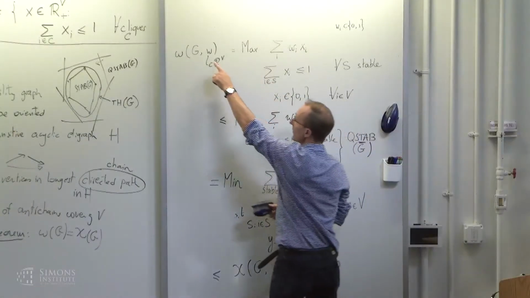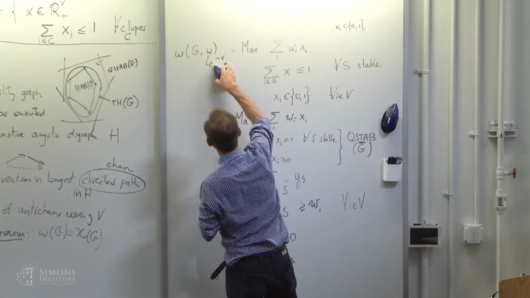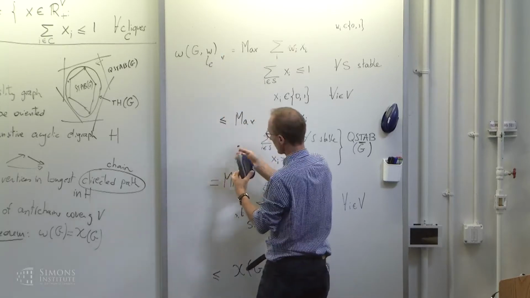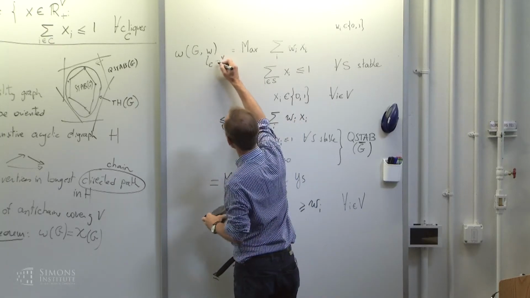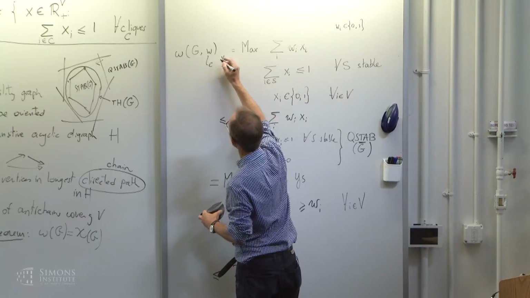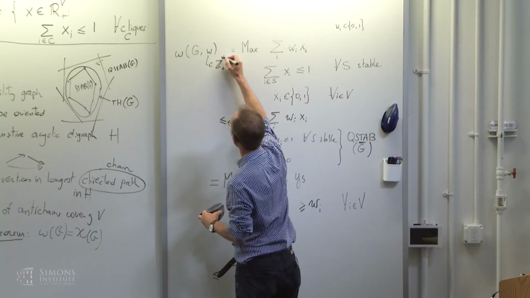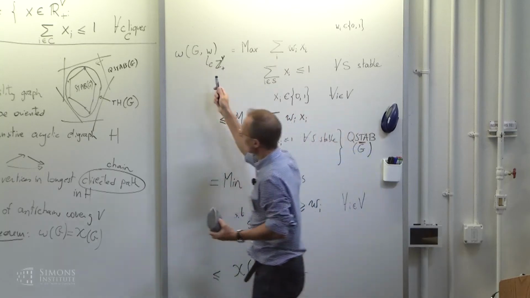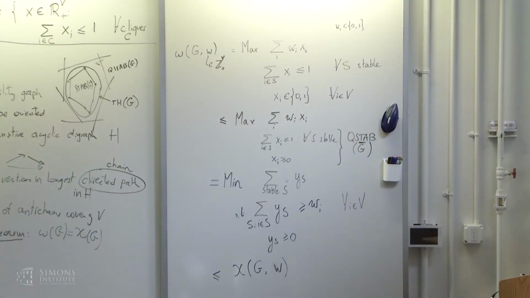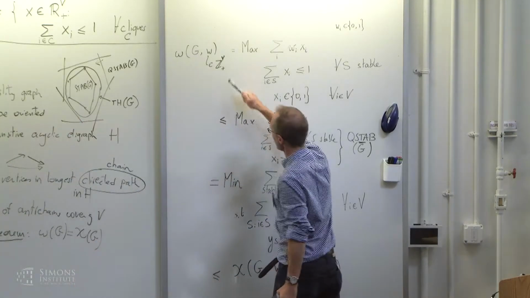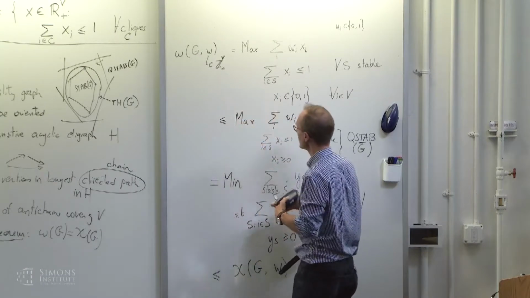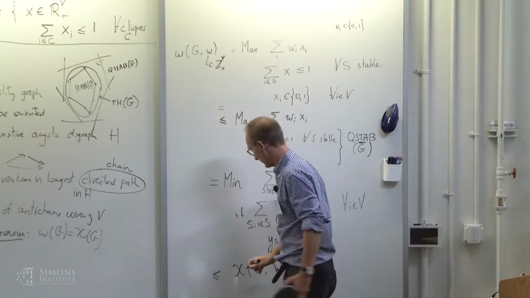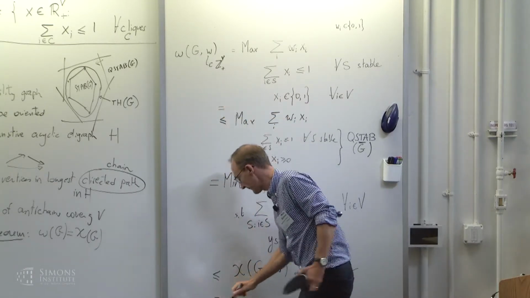And because you can always assume that this is rational, and then by scaling, you can assume that this is an integer, that shows that if you have this condition, then in fact you would have equality throughout. So this would be an equality, and this would be an equality.